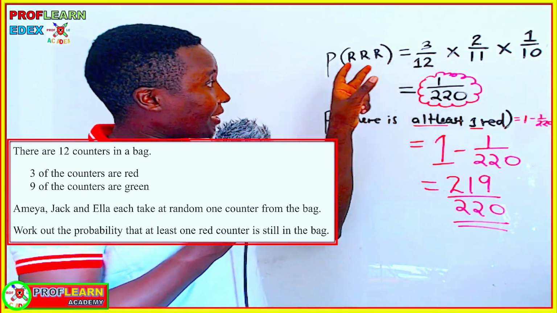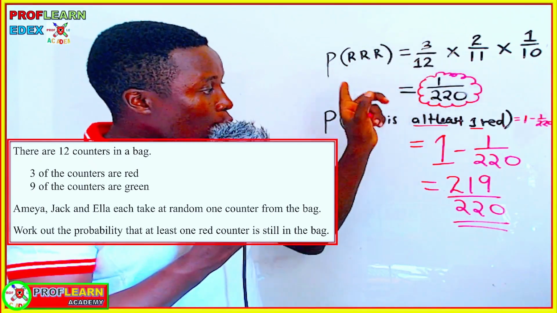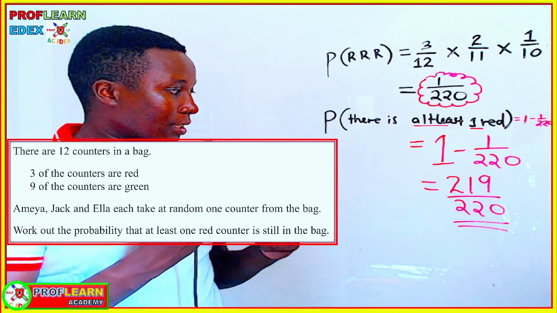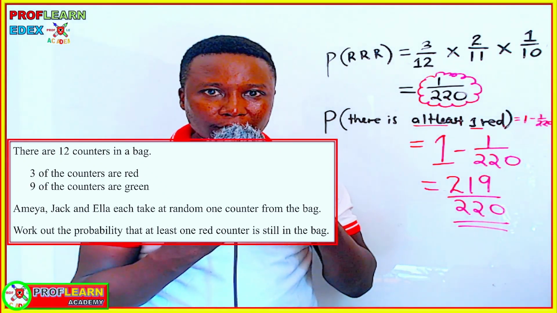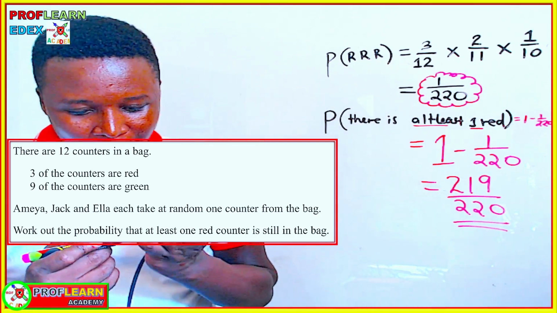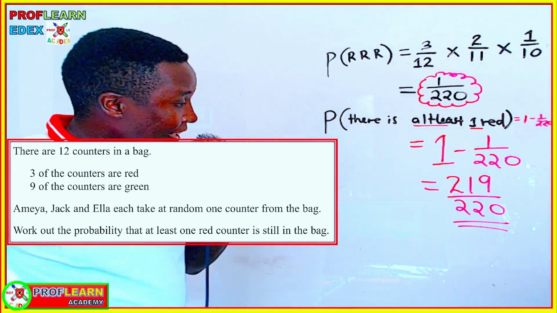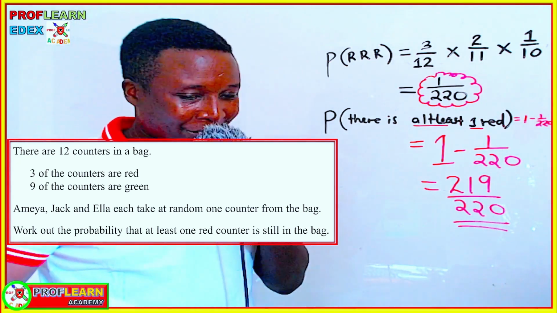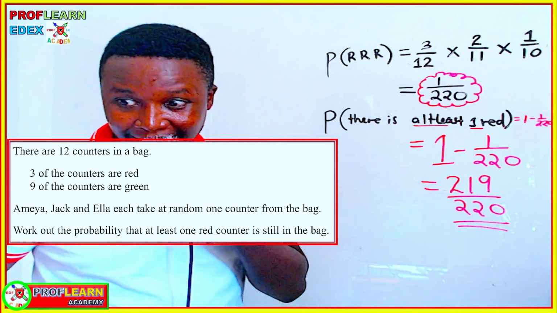Remember, we worked out the probability there is no red remaining, then 1 minus that, we get 219 over 220. That's what you're supposed to do in order to earn the whopping 3 marks for this particular question.